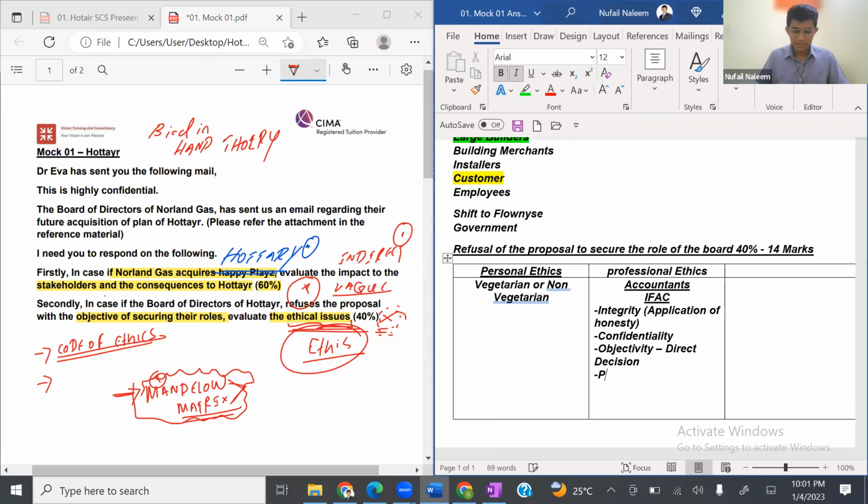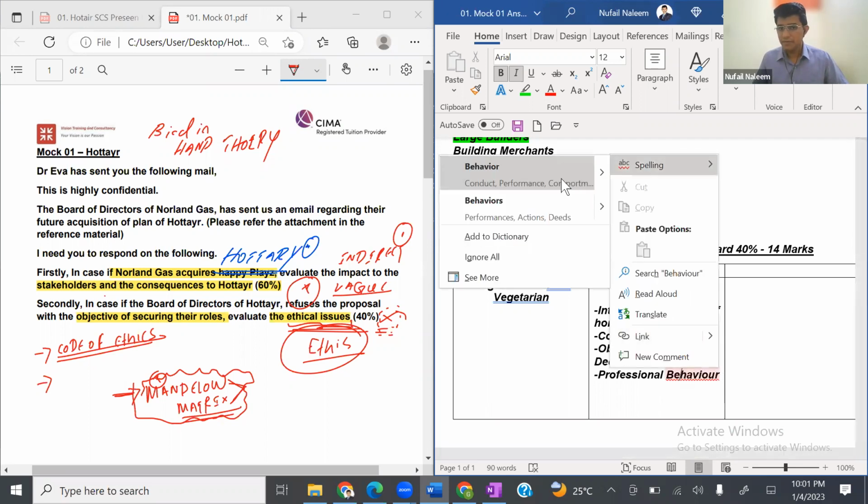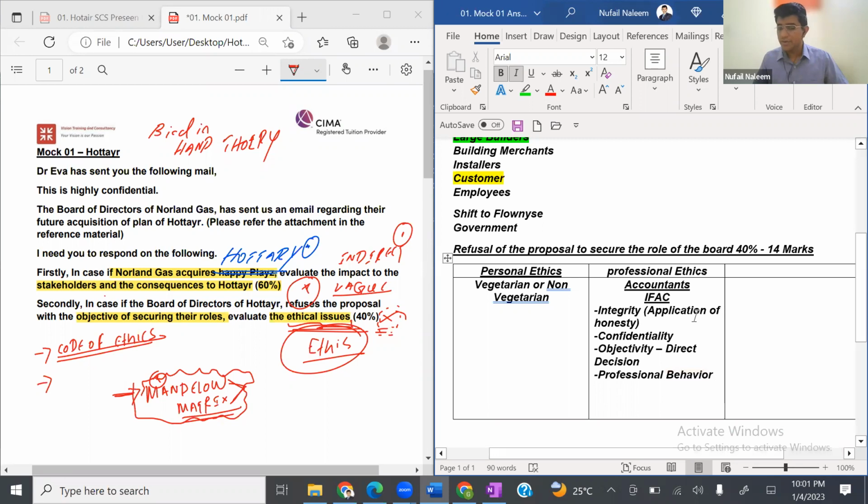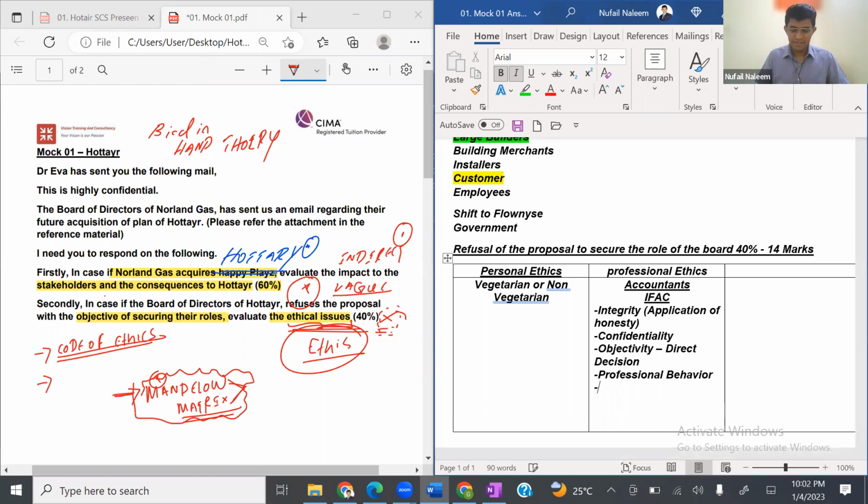Then you have something called professional behavior. In simple language, professional behavior starts from the mannerism of how you dress, how you talk, and how you behave in a public situation. After that, professional competence and due care.